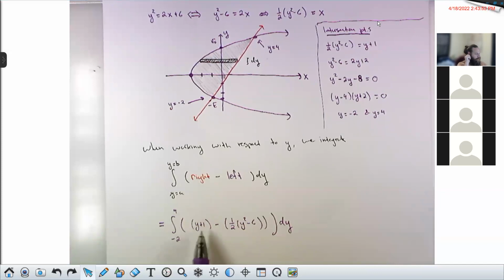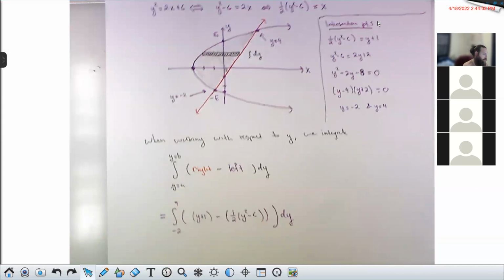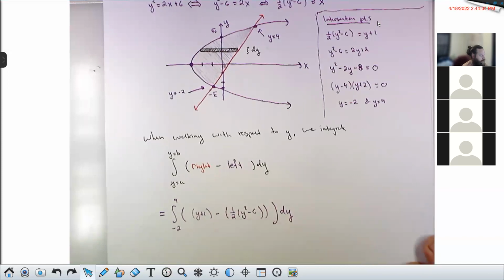I'm putting each individual function in parentheses. On this problem, it's not necessary, but I want to do that to remind you that you're subtracting the whole functions as chunks. Here, it wouldn't affect anything because we have to distribute the 1/2 anyway.